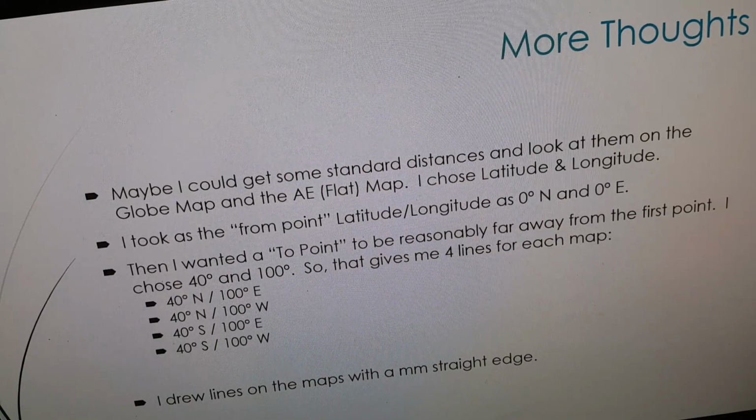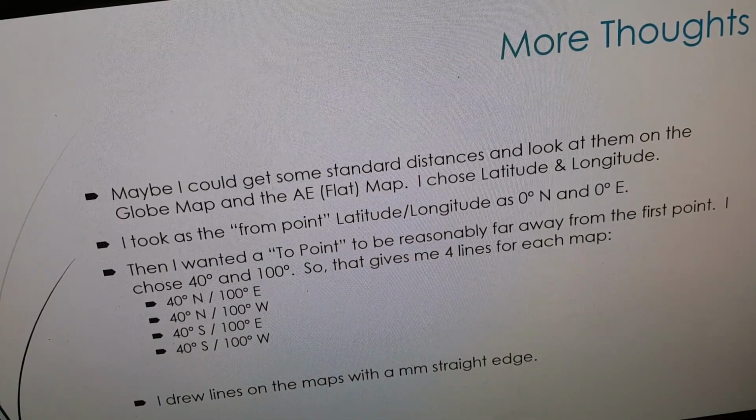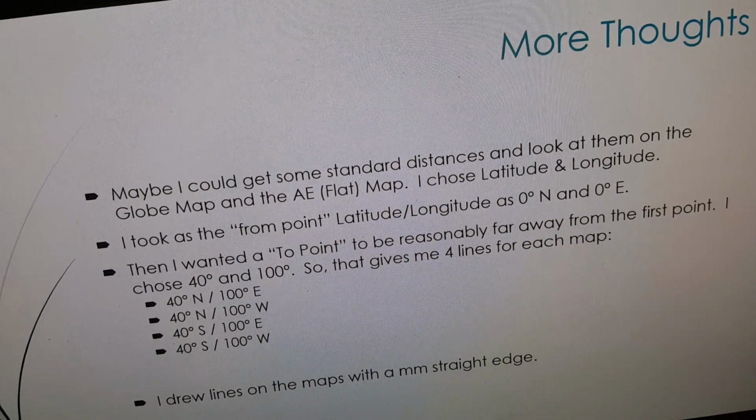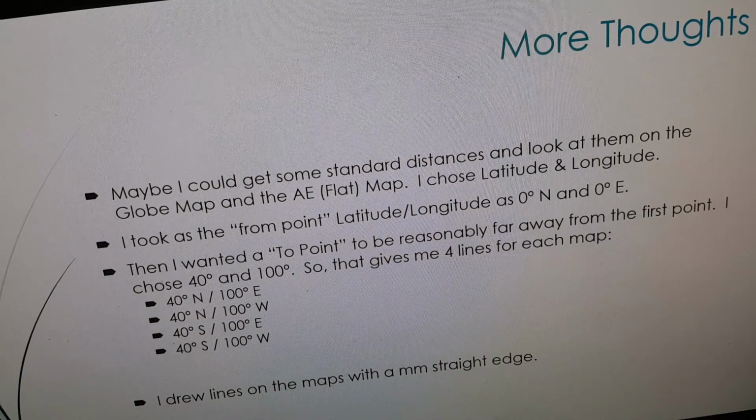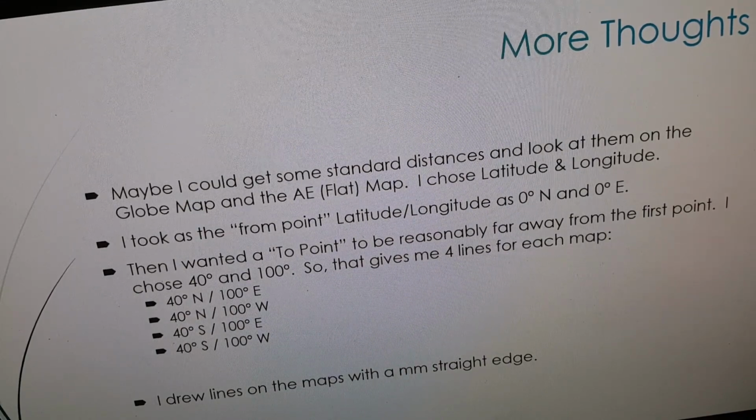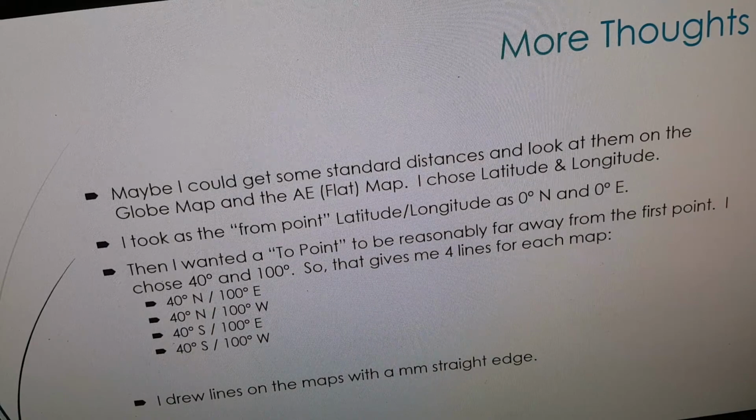Then I wanted 2 points to be reasonably far away from the first point, so that I could measure those. So I chose 40 degrees latitude, 100 degrees longitude.